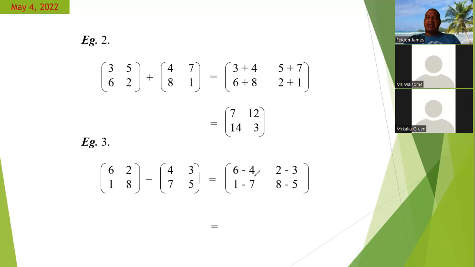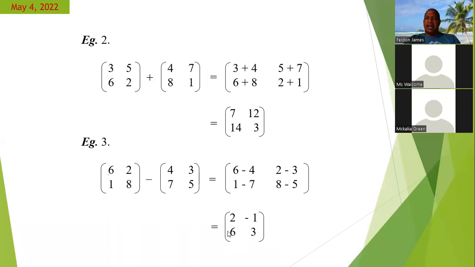All right, now once we have set them out like this, we can simplify, because we know that 6 minus 4 will give you 2. So we'll get 2 for that. 2 minus 3 will give you minus 1. 1 minus 7 will give you, this value here should be a negative.